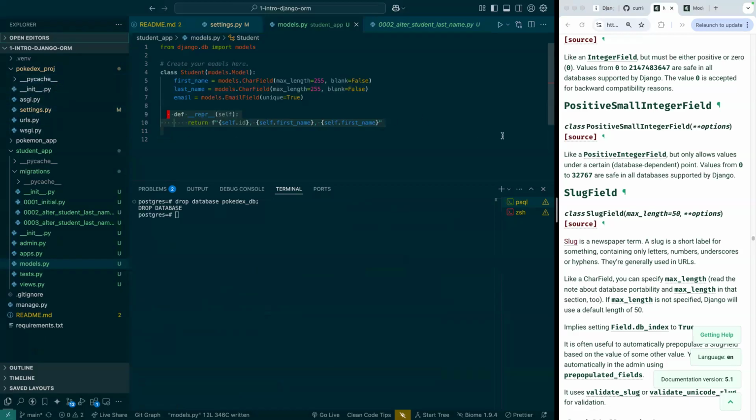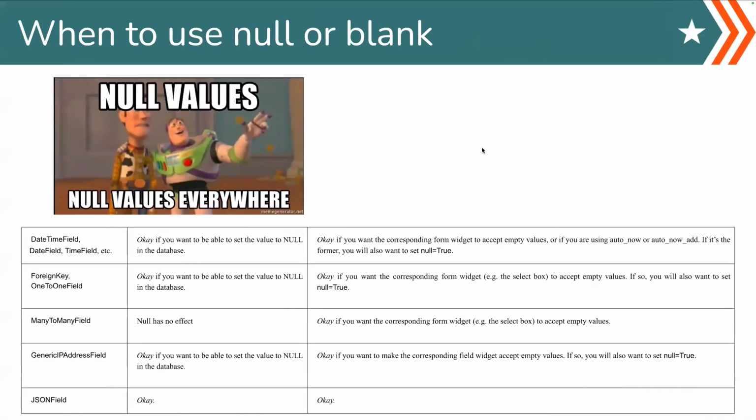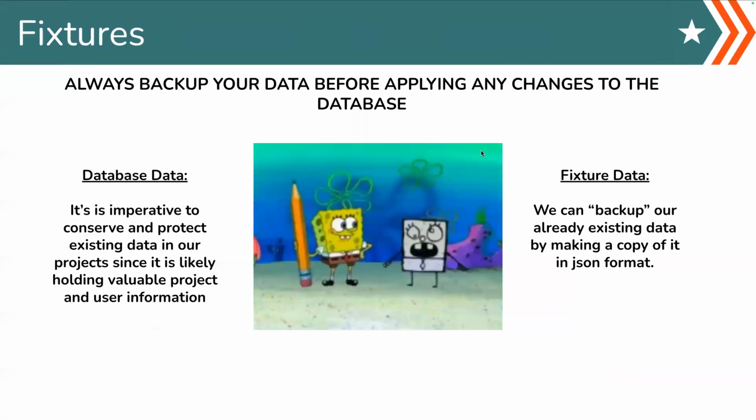It would be really nice if I had a way to insert some fake data into my database consistently. And thankfully, Django has a tool for this called fixtures. So it's really nice to have sample data or fake data or what's called mock data. One tool to do this is what Django calls a fixture.